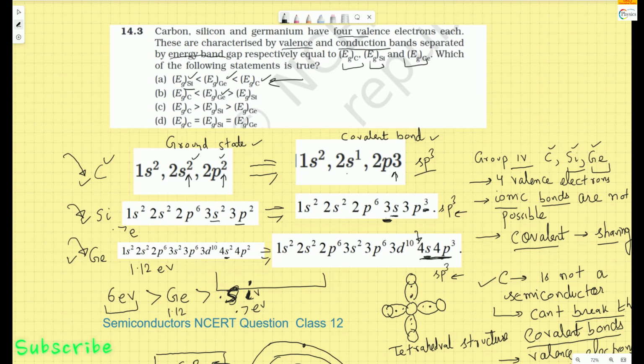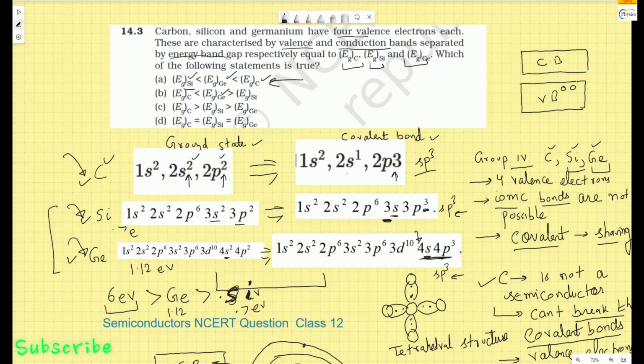Silicon and germanium are able to produce electron-hole pairs at room temperature also. If this is your room temperature, and I draw the valence band, the gap is so small for silicon and germanium, around 1 electron volt approximately, that electrons leave the valence band and leave behind holes.